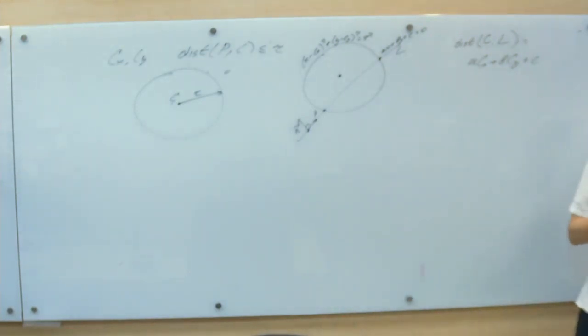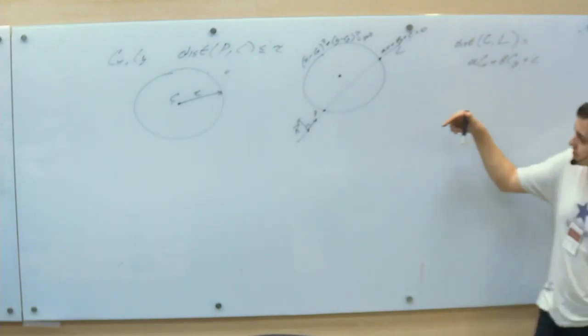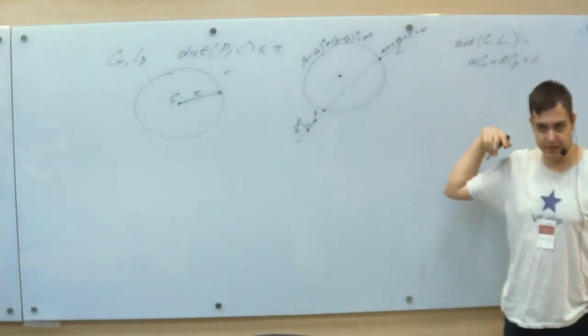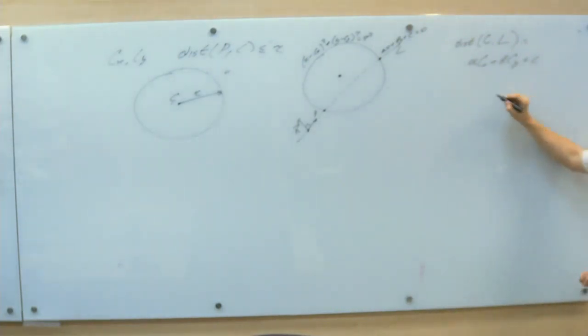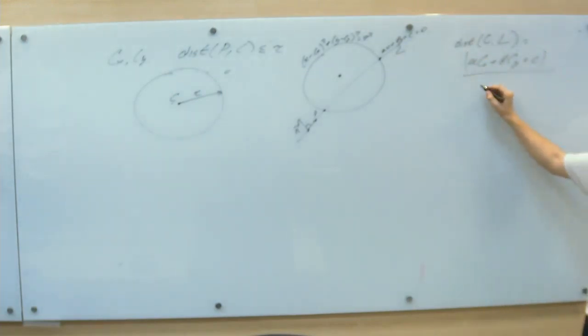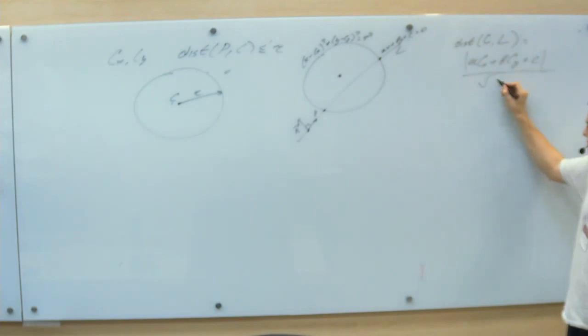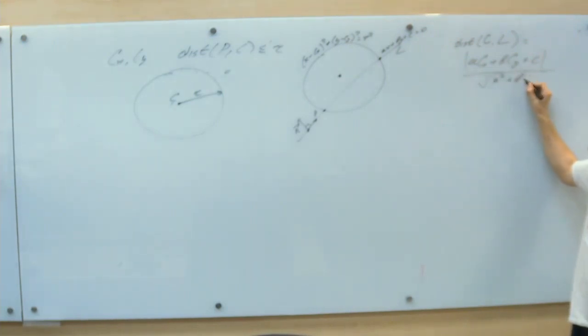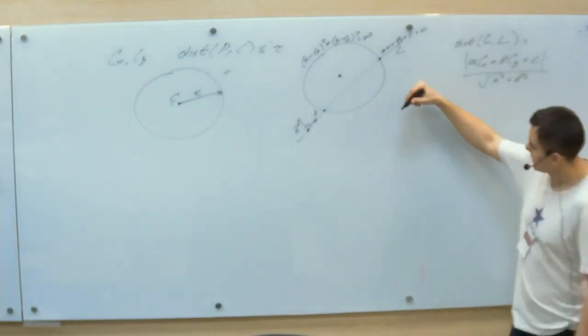Well, this might be positive, this might be negative. The sign of this indicates which side of the line the center is at. But if we take the modulo and we divide it by the length of this vector, square root of a squared plus b squared, this is the distance from this point to the line.